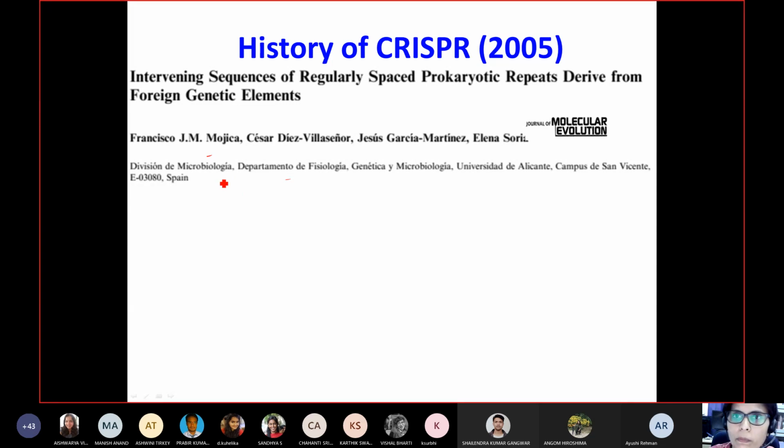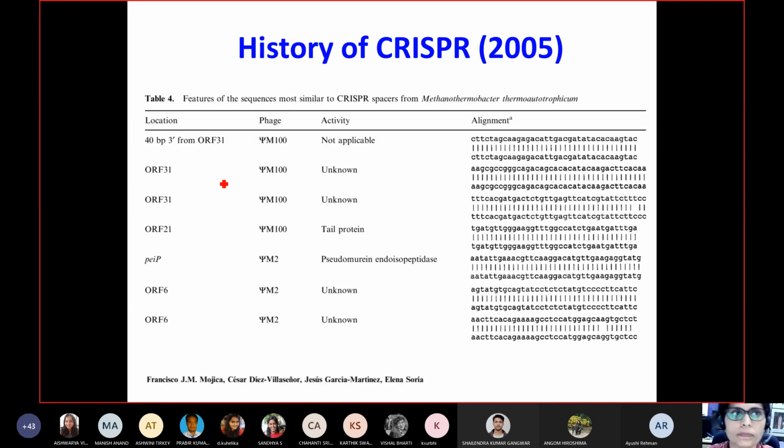In this paper, I've just taken one table from the article. These are the spacers of archaeal species, and they found sequence similarity with phages of archaea. You know that phages can infect bacteria, and phages can infect archaea.